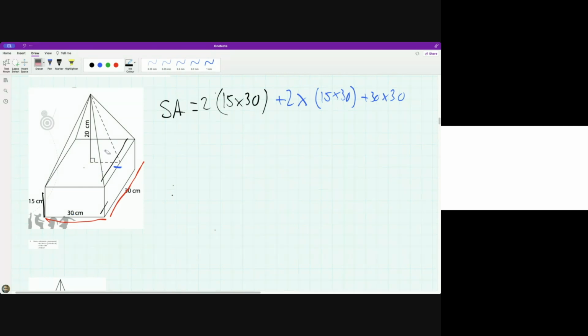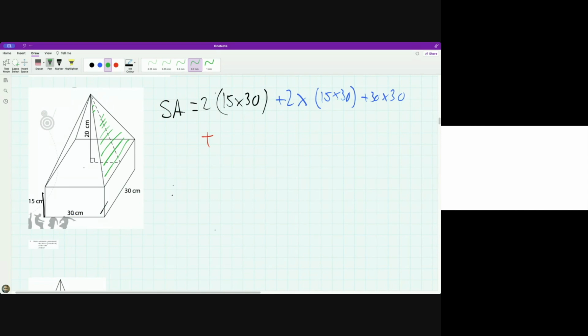But now I have to worry about the surface area of the pyramid. And the base is covered, but I've still got these 4 triangles that I need to add up. Can anybody help me with what I need to do first to get the area of one of these triangles on the outside?